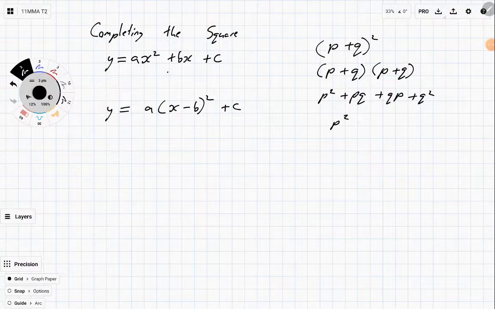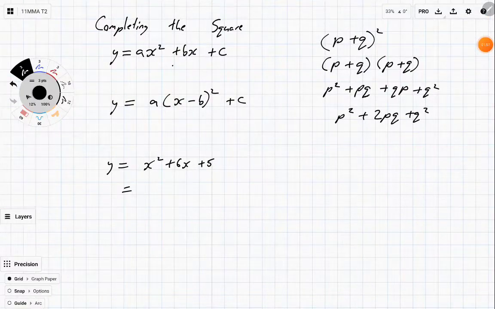Collect those middle like terms, because these are both pq. We get 2pq. So essentially we've got a squared thing at the start, a squared thing at the end, and 2 times the not squared of each of them, so p times q. So let's have a look at a quadratic and see if we can use this to work backwards.